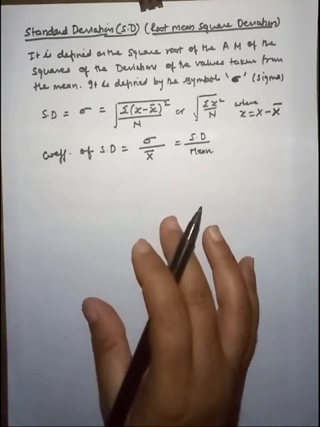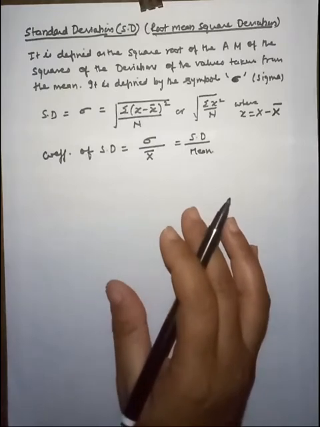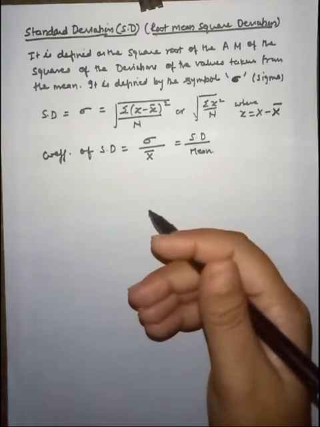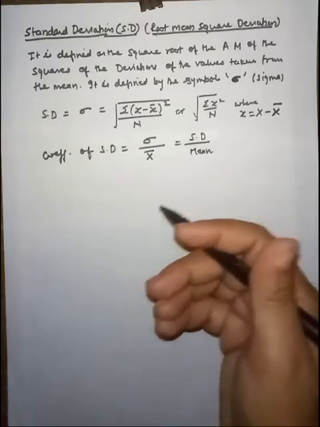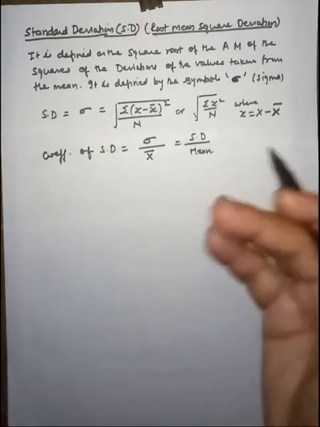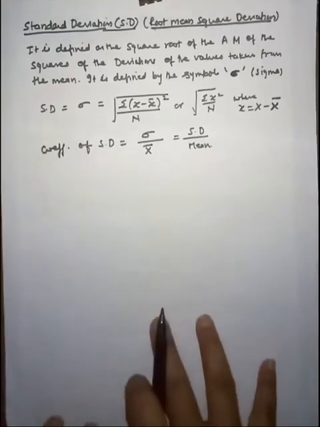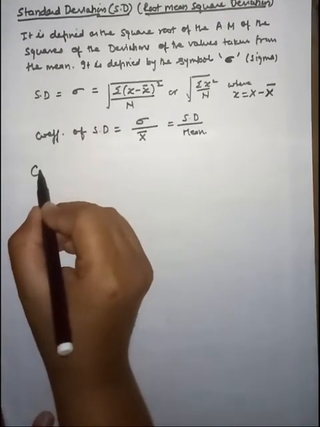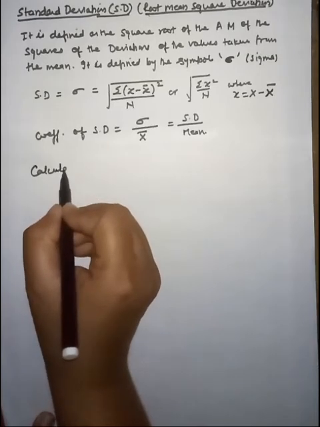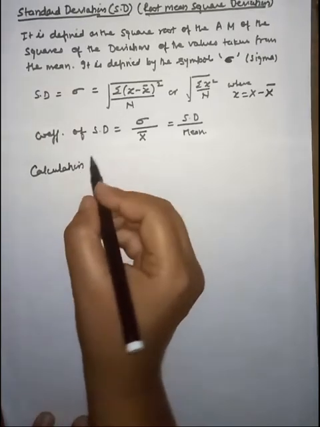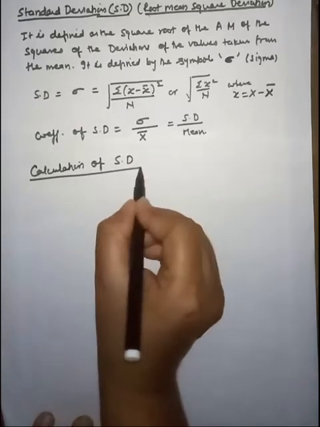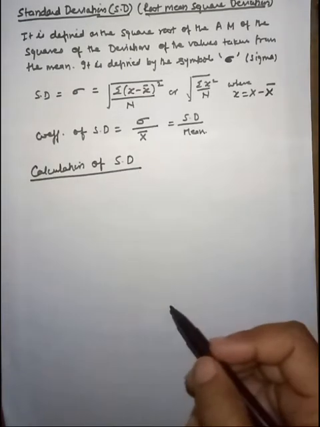Now let us see how to calculate the standard deviation of the individual series, discrete series and continuous series. So here I write the calculation of standard deviation, right friend?